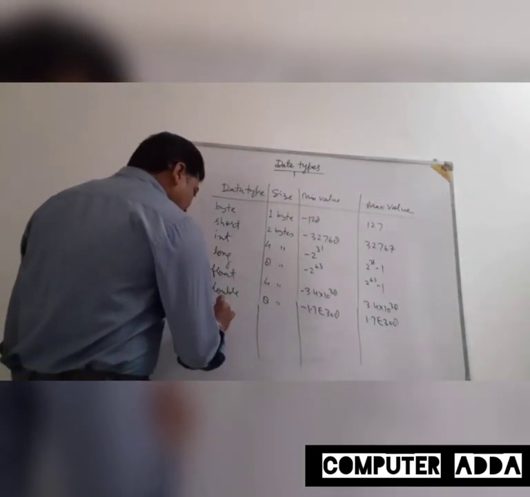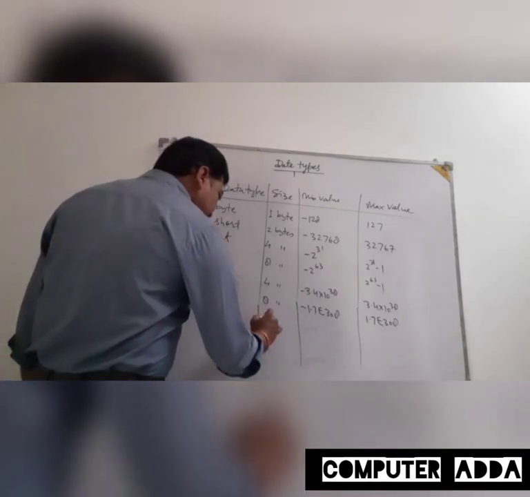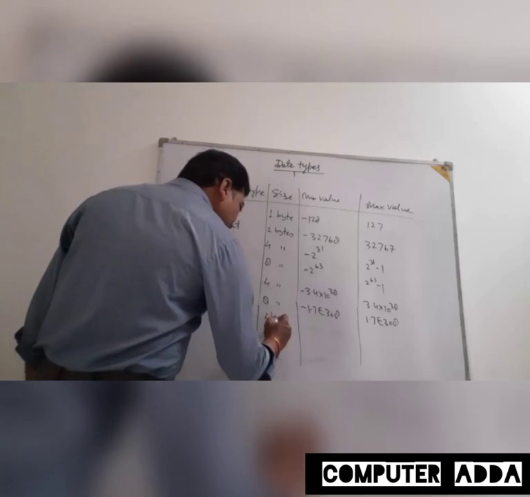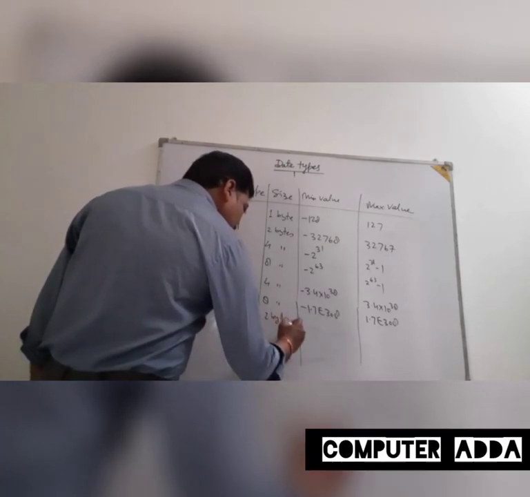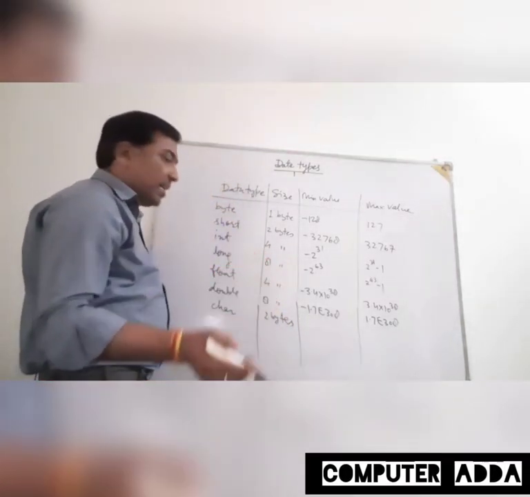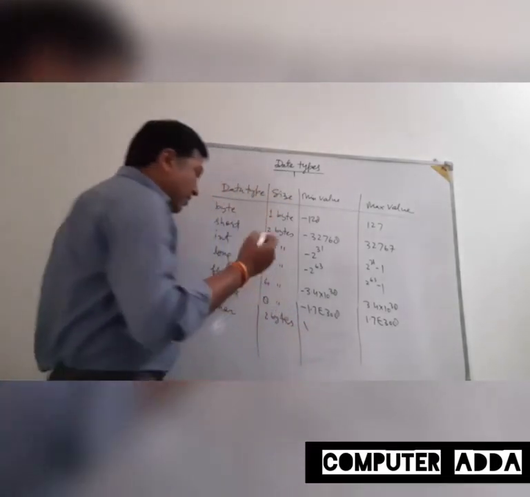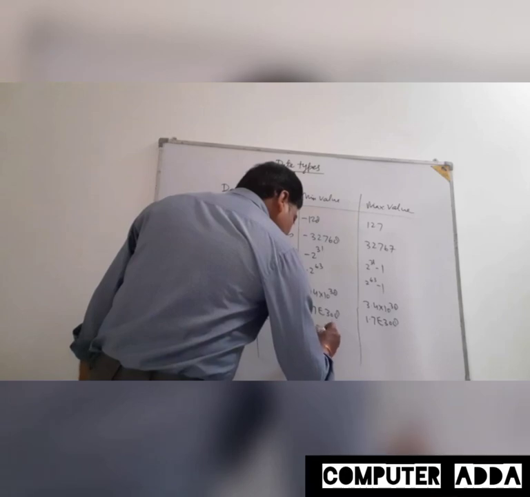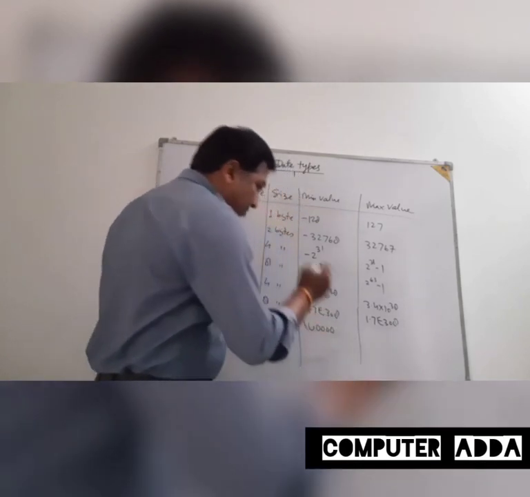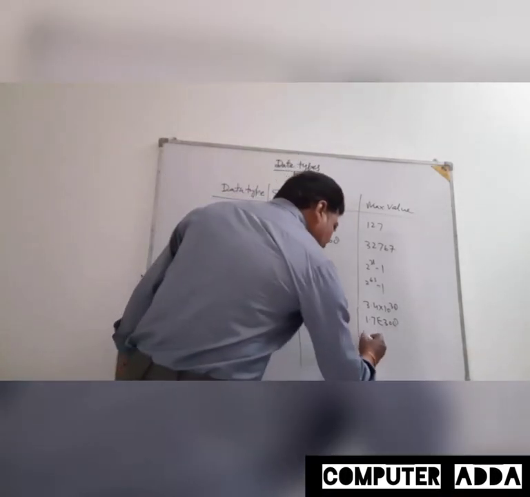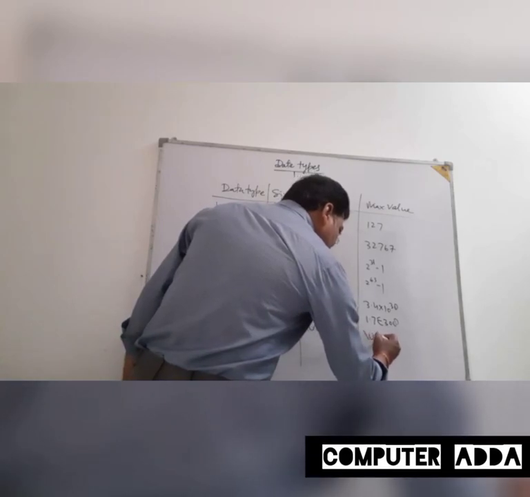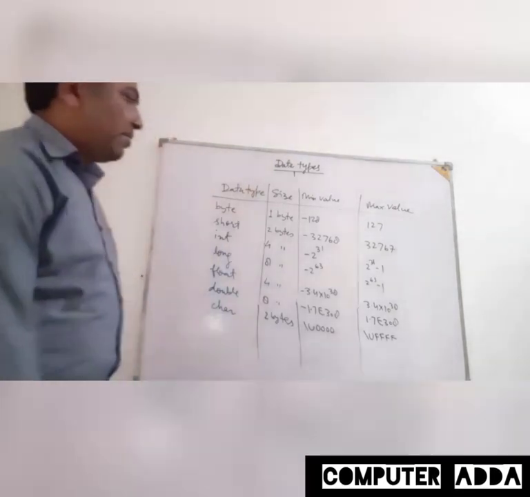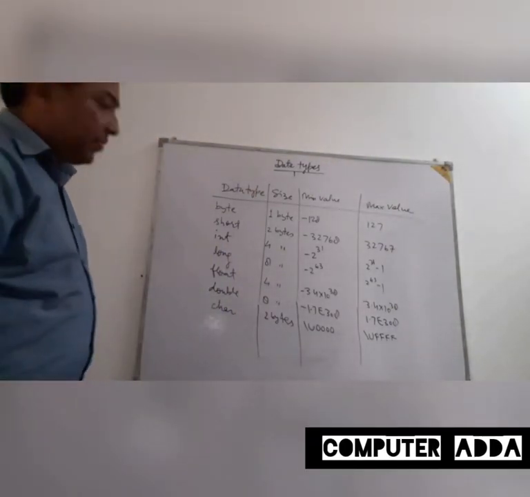Then char occupies 2 bytes. There is no minimum value and maximum value, but because Java uses the Unicode character set, \u0000 is the minimum Unicode, and \uffff is the maximum value in Unicode.